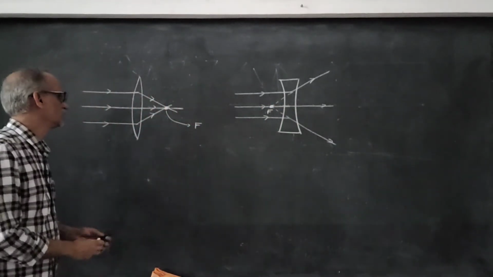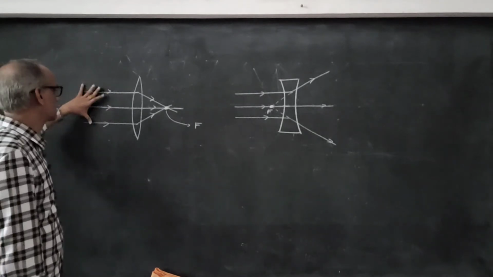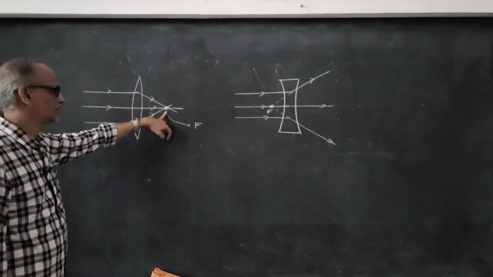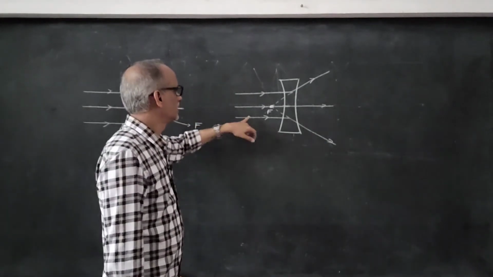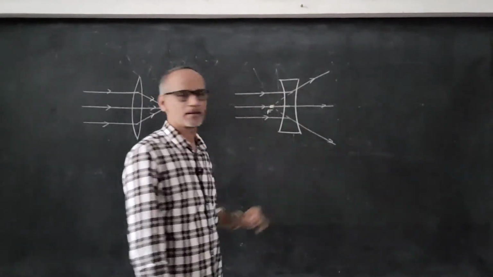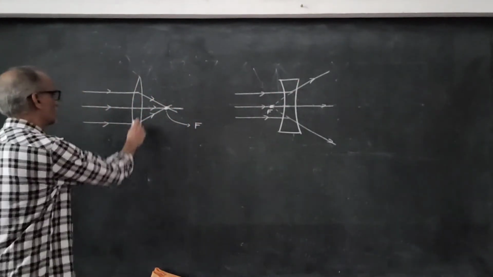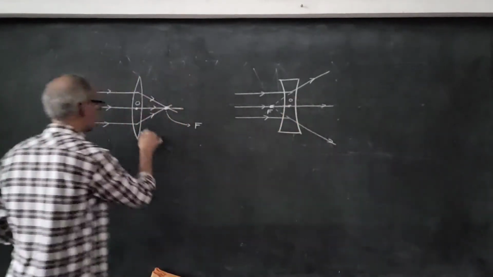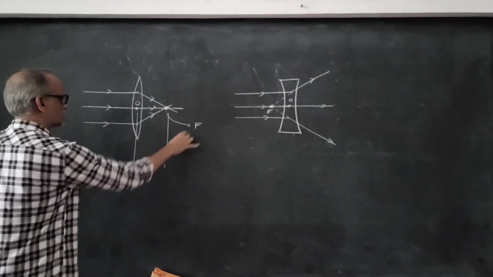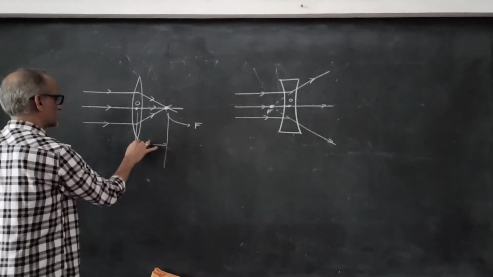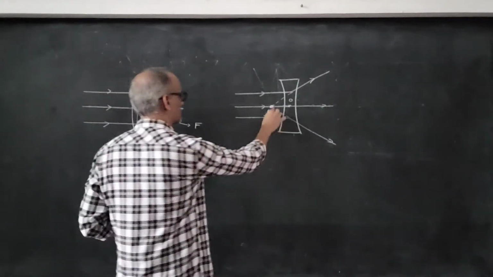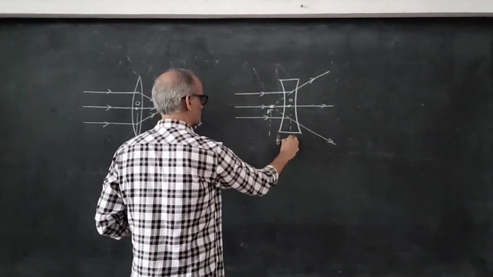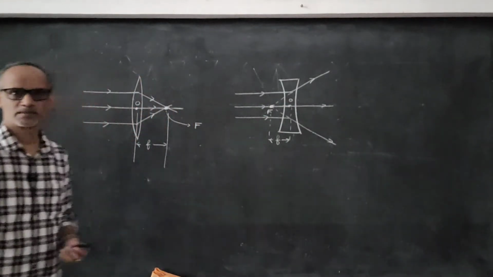So what is the principal focus? When a parallel beam, paraxial rays, are incident on a convex lens, after refraction, they converge to a point, whereas in the case of concave lens, the rays appear to diverge from a point, and that point is called the principal focus. So we have an optic center here for both the lenses, and the distance from the optic center to the principal focus is called the focal length of the lens.